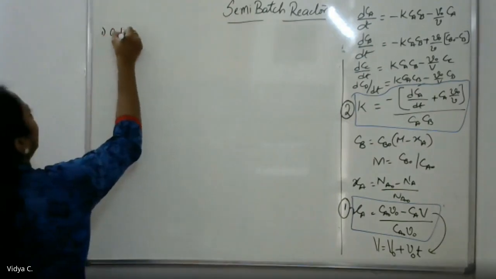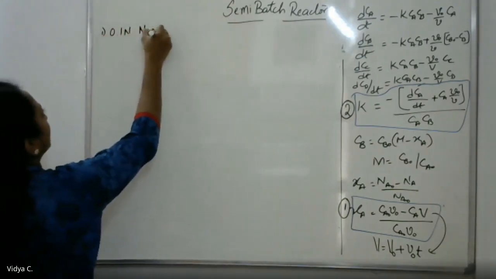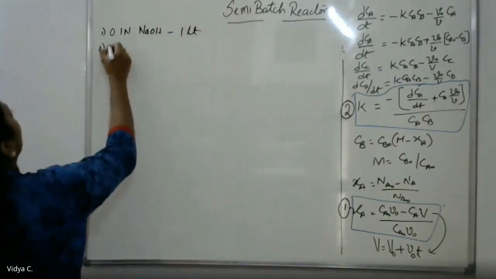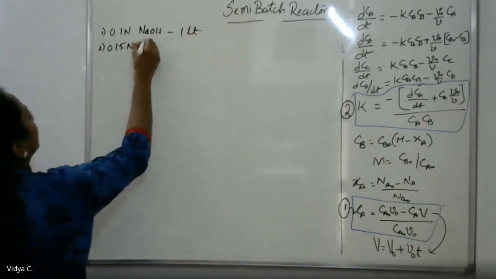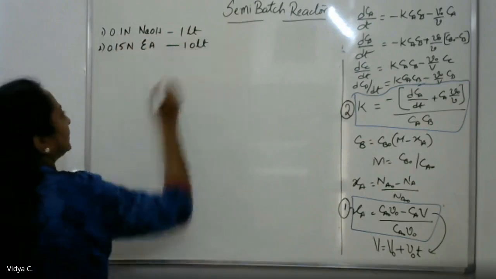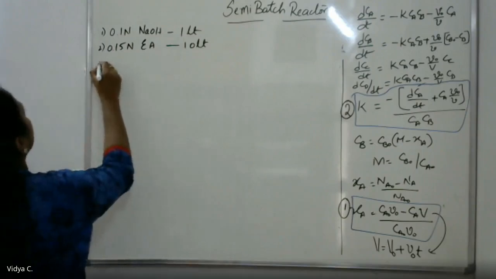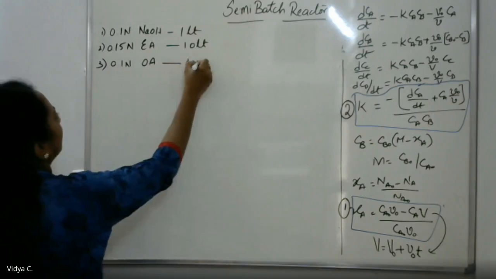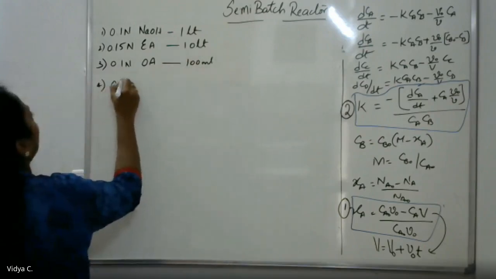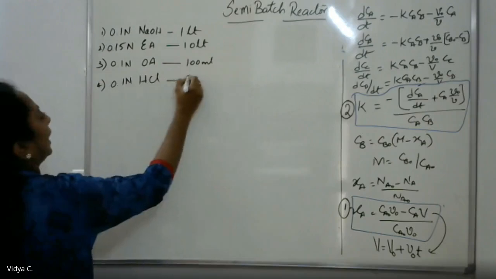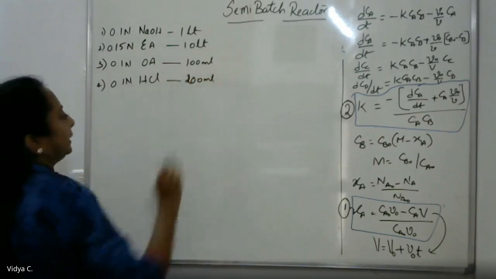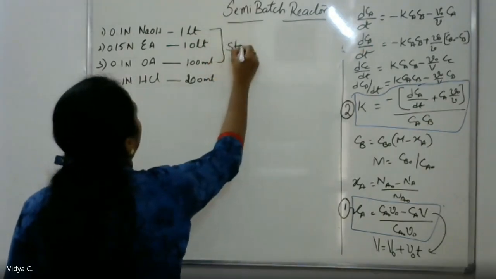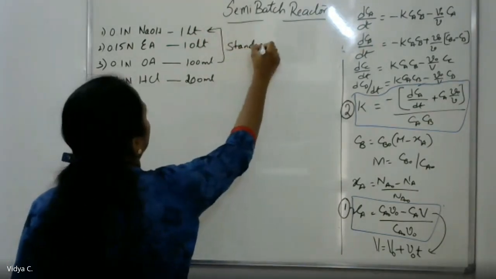Reactants used are 0.1 normal NaOH, and you have to prepare 1 liter of this, and 0.15 normal ethyl acetate, and you have to prepare 10 liters of this, and 0.1 normal oxalic acid, OA, 100 ml will be sufficient, and 0.1 normal HCl, and this is also around 200 ml you may need. Okay, so why do I need this oxalic acid? For standardization of NaOH.